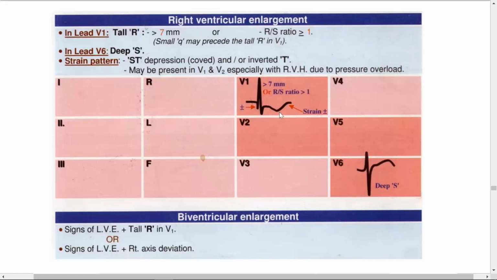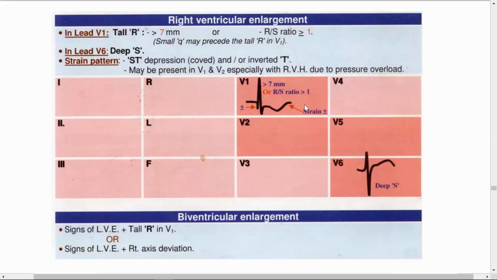Here there is a very important point that should be mentioned. What's this point? The posterior infarction. The posterior infarction will mimic the RVH. Normally V1 is either a Q, not pathological, or a small r.